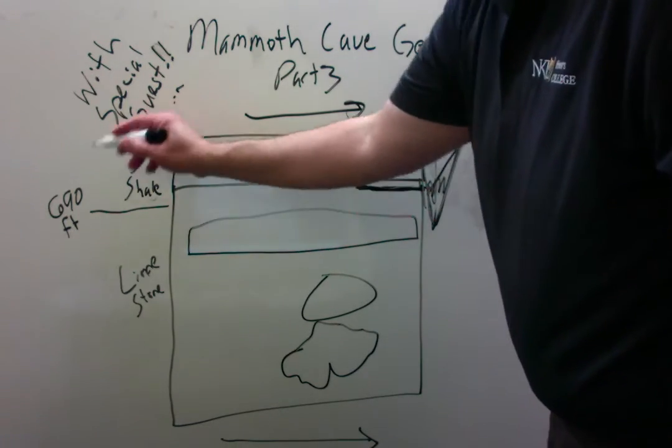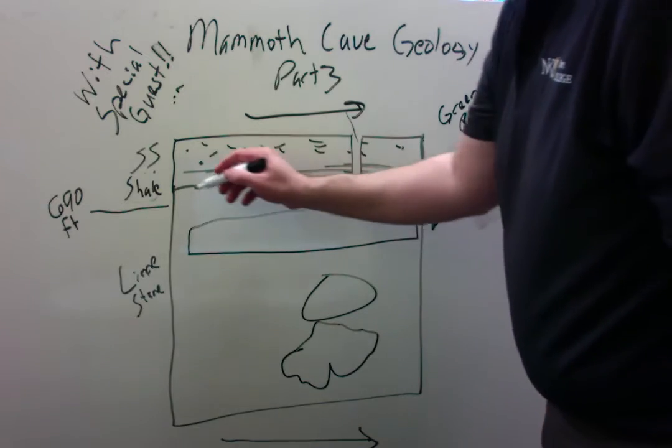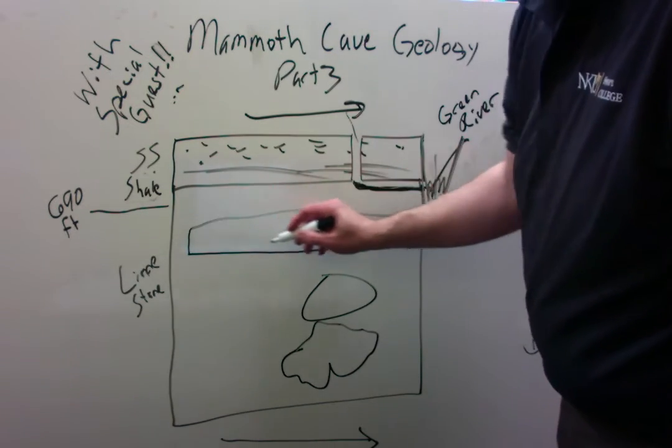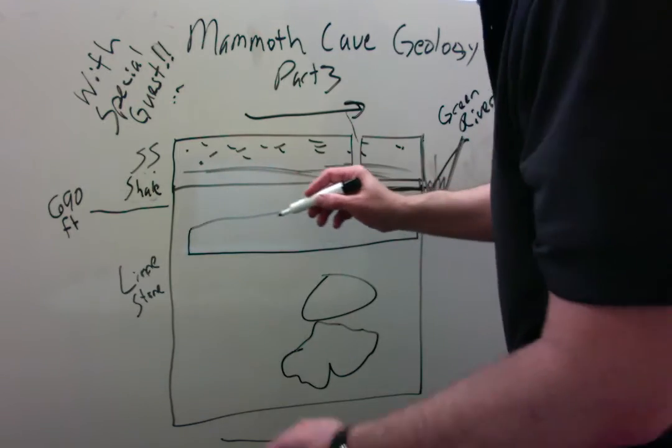Over here, off in the sinkhole plain, when the Green River cuts down and level B starts forming, that's when you have the sandstone.